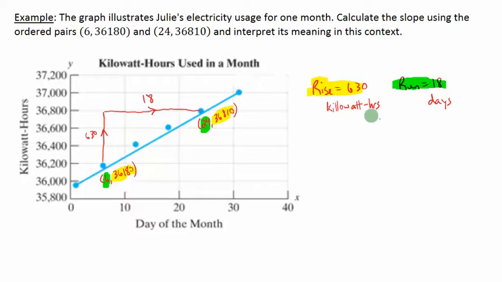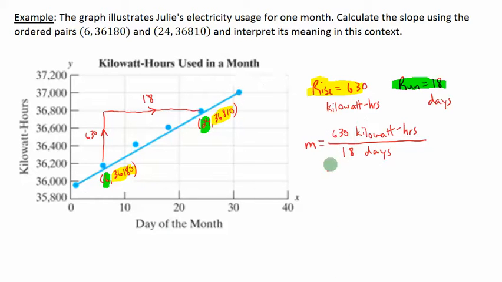So now when I calculate my slope, I've got to consider my units. So my slope will be my rise over my run. So 630 kilowatt hours divided by 18 days. I think I spelled kilowatt wrong up here; I think it only has one L. Okay?